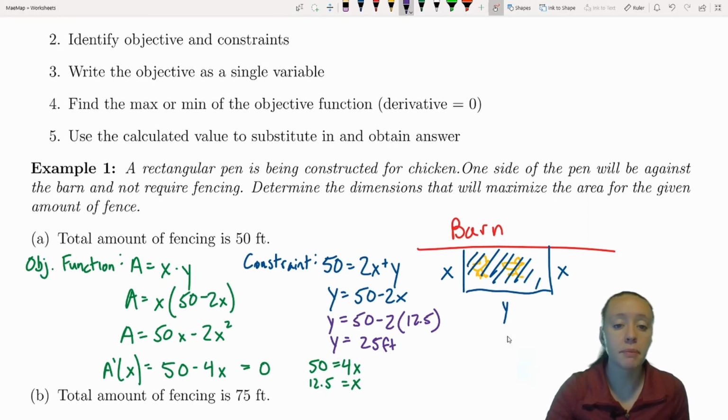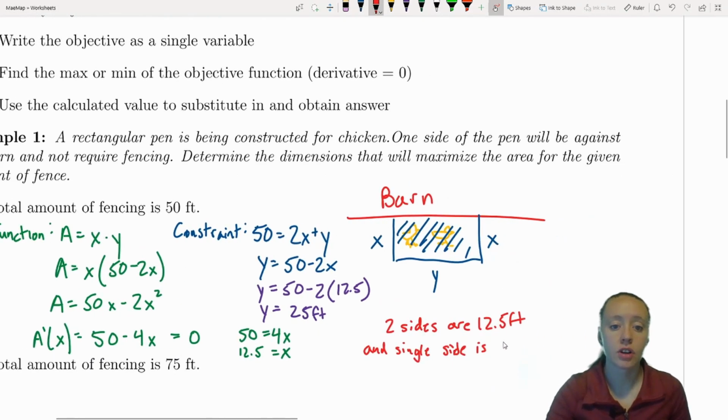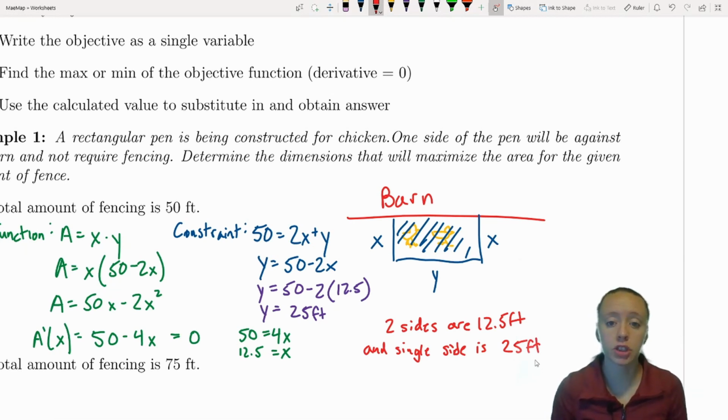So, filling in my dimensions now, the two parallel sides are 12.5 feet, and the single side is 25 feet. 2 times 12.5 plus 25 gives us the fencing we can use, which is 50 feet.